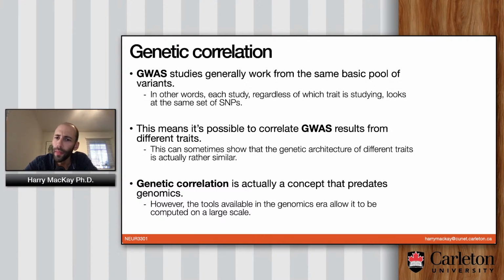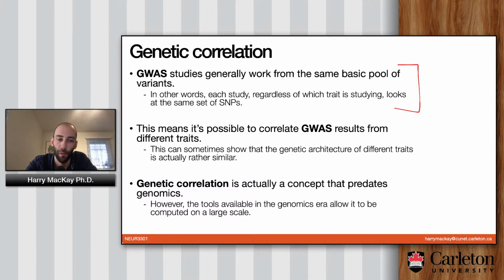So GWAS studies generally work from the same basic pool of variants. When you decide to conduct a GWAS study, they're done using microarrays, and you would order your microarrays from a company like Illumina, and you basically just order one that genotypes as many SNPs as you can possibly get. They'll cover the whole range of known human SNPs, and at this point they cover a lot of them.